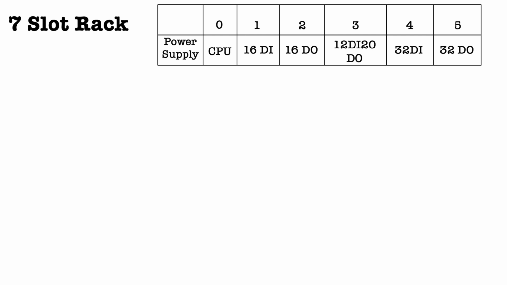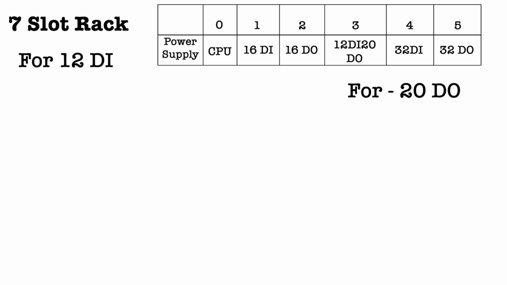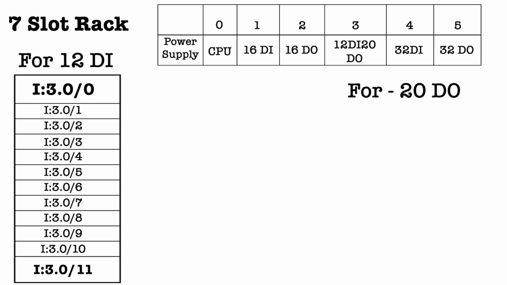So next comes the third slot, for the 12 digital inputs and 20 digital outputs. For the 12 digital inputs, we can address the input as I:3, since it is connected to the third slot, dot 0 slash 0. To address the 12 inputs, the range will lie up to I:3.0/11. So ranging from slash 0 to slash 11, we can address 12 digital inputs.